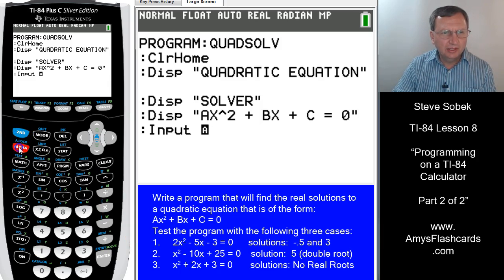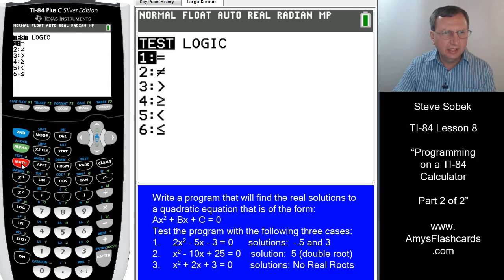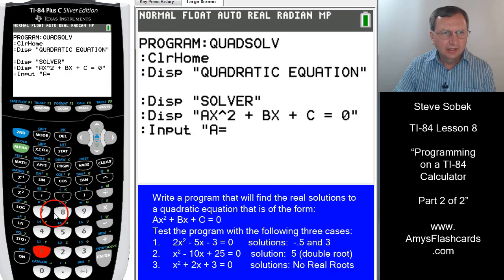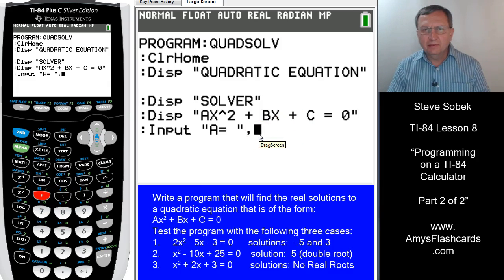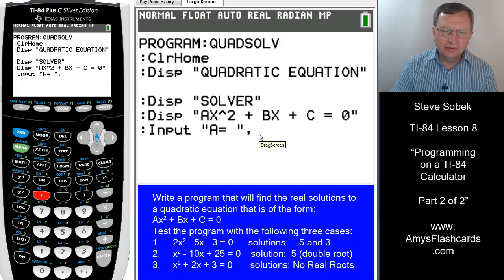So I'm going to hit alpha quotation marks and type in alpha A. Then I'll get my equal sign, second test number 1, and then alpha space, and then alpha double quotes, and then I'll put a comma, and then I need a variable that's going to hold the value of the quadratic coefficient. And we might as well use A.